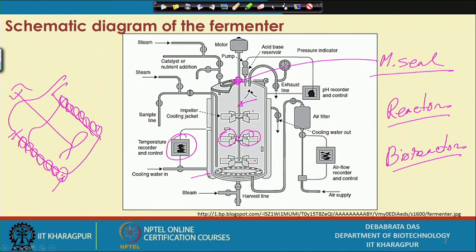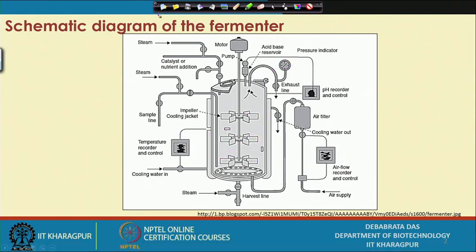But when you pass the liquid in a jacket, suppose there is some kind of deposition for some other reason, then the water will have a channeling effect. If the channeling effect is there, then temperature control will be a problem. So this is one of the reasons why we wrap pipes around the surface of the reactor.